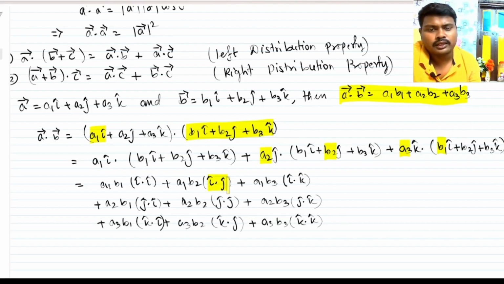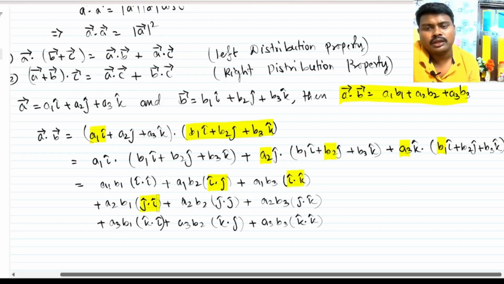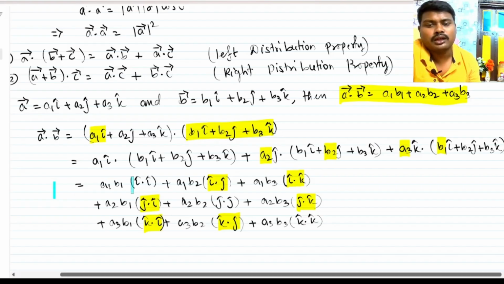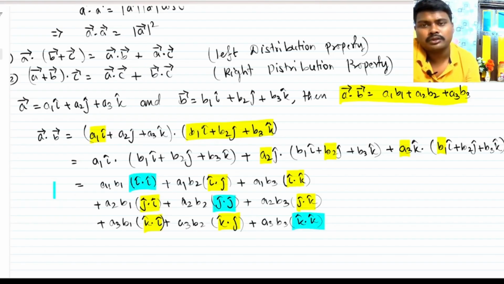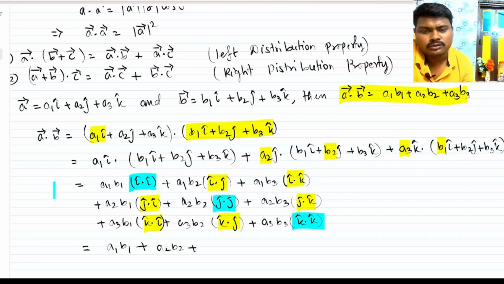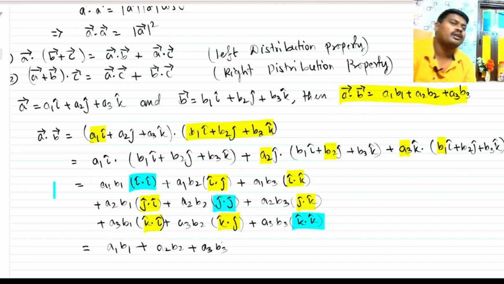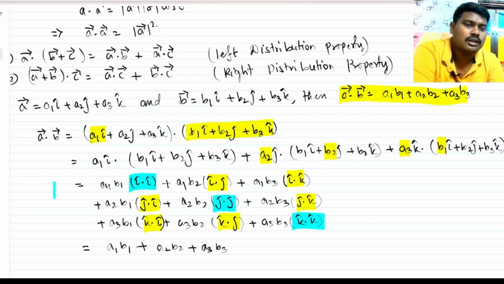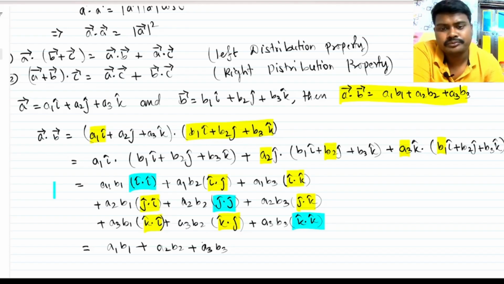Here we know that I cap dot j cap, I cap dot k cap, j cap dot I cap, j cap dot k cap, k cap dot I cap, k cap dot j cap are all 0 because they are orthogonal to each other, and I cap dot I cap, j cap dot j cap, and k cap dot k cap are all 1. Therefore, after simplifying, we get a1 b1 plus a2 b2 plus a3 b3. That is, when two vectors are given in the form of I cap, j cap, and k cap, we can easily derive their dot product using this formula.